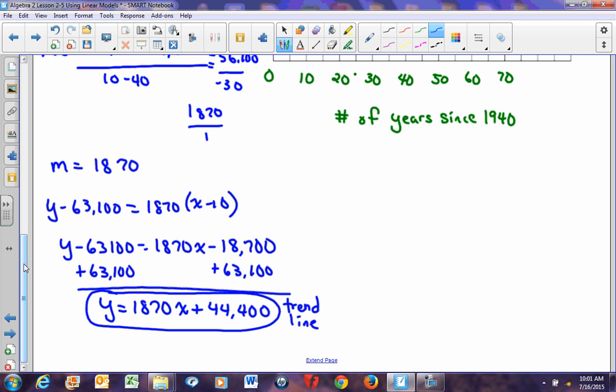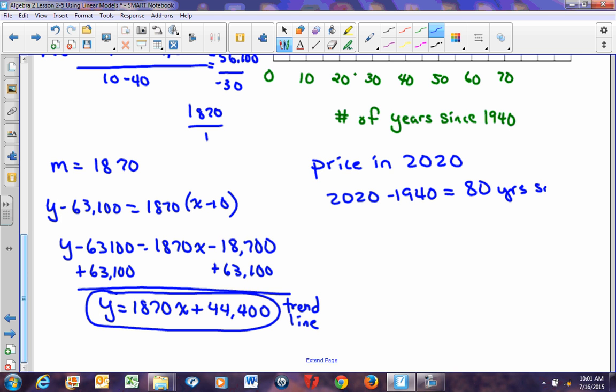Now we're going to use this equation to predict the median home price in 2020. Remember, x equals 0 is 1940, so take 2020, subtract 1940, and that tells us that's 80 years. So x equals 80.